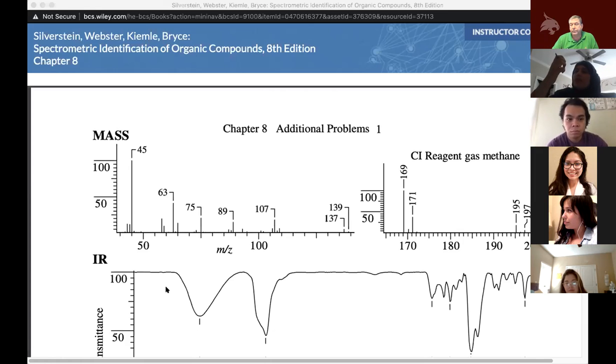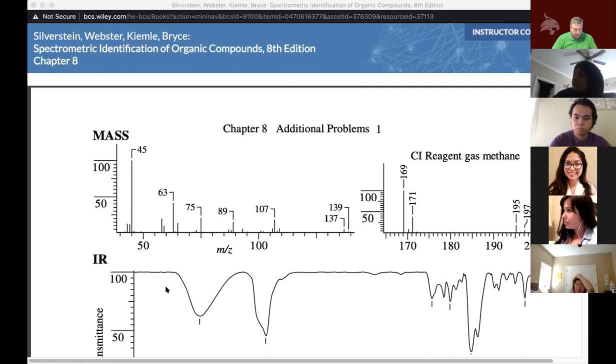So if we are subtracting a methane group from the parent ion peak, isn't it supposed to be 16 instead of 18? When you ionize methane in the system, it actually has hydrogens come off, and therefore you end up with a plus 18 peak.